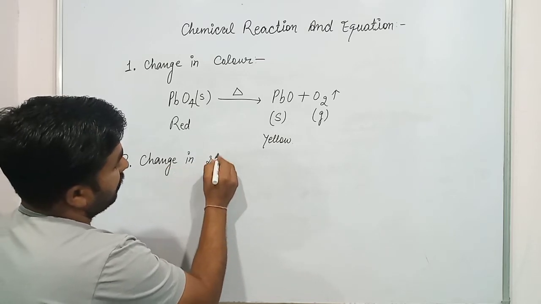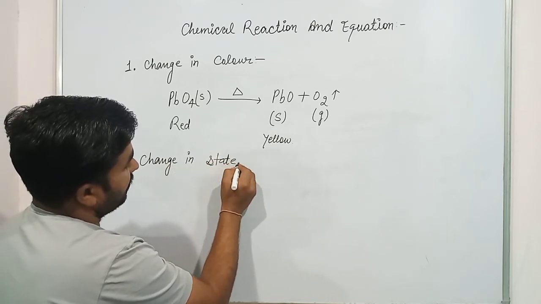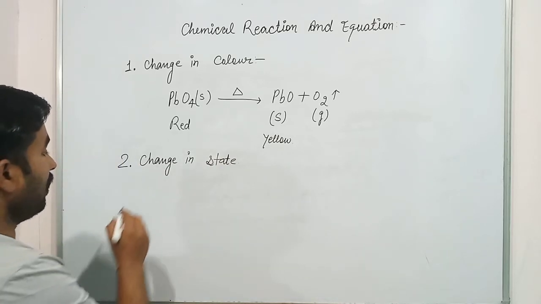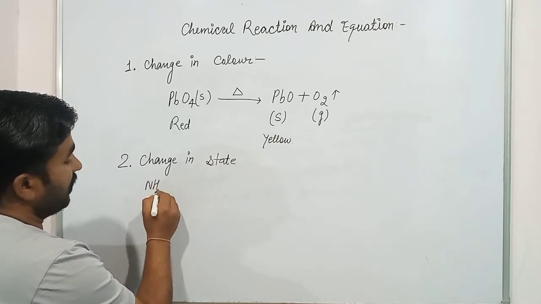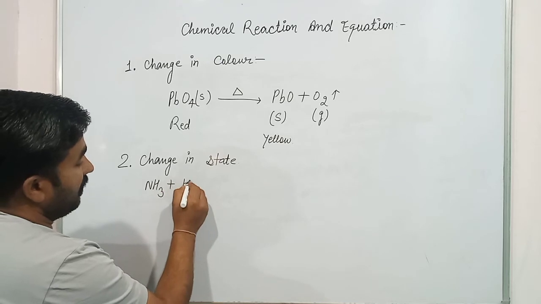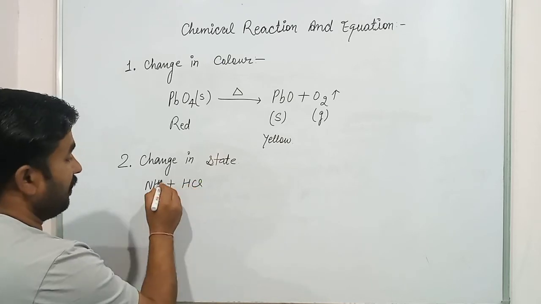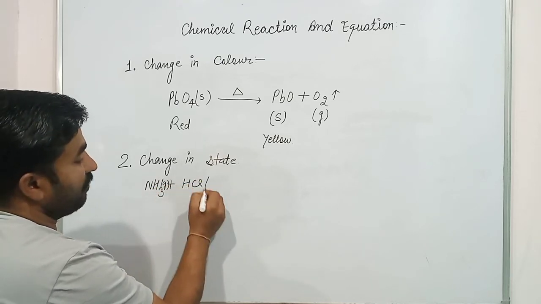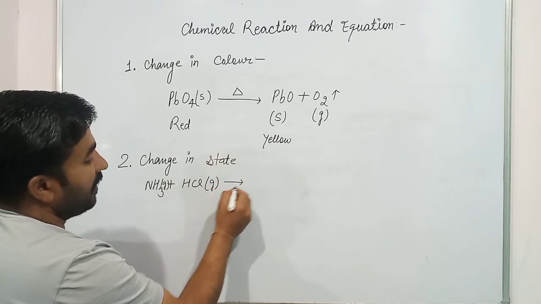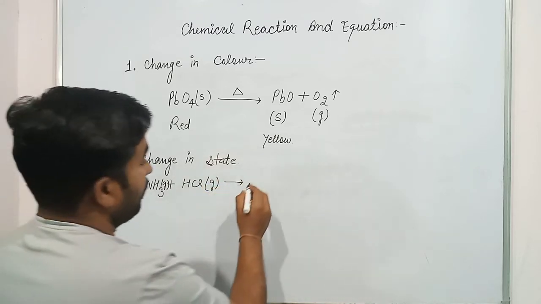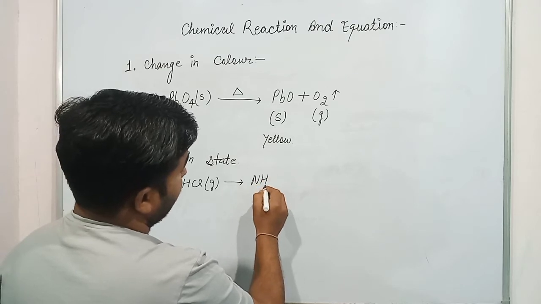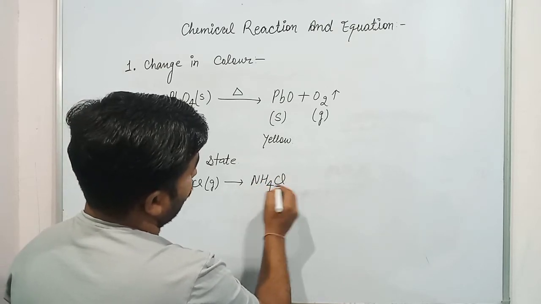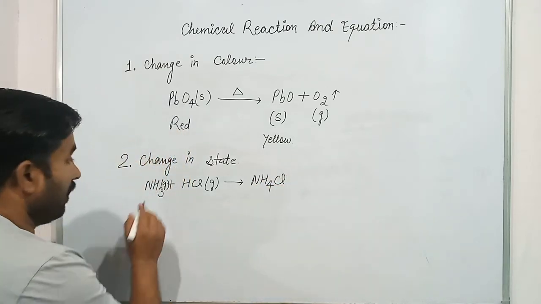Now we have discussed the second change, and that is change in state. We have ammonia, NH3, and another gas, HCl. Both are in gaseous state of matter. If they react with each other, then ammonium chloride will be formed here.